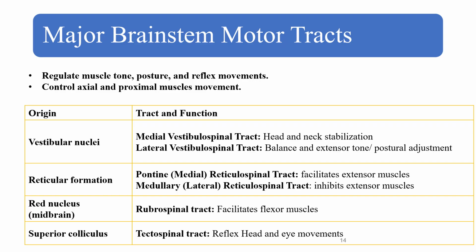The reticular formation, remember, was giving rise to two tracts, the pontine or the medial reticulospinal tract that facilitates extensor muscle, and the medullary or the lateral reticulospinal tract that was inhibiting extensor muscle.